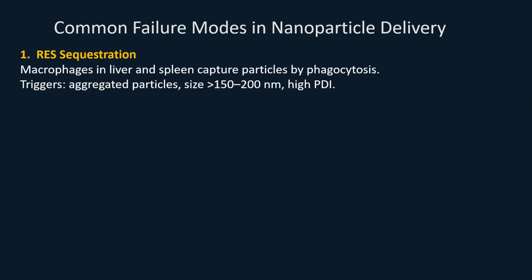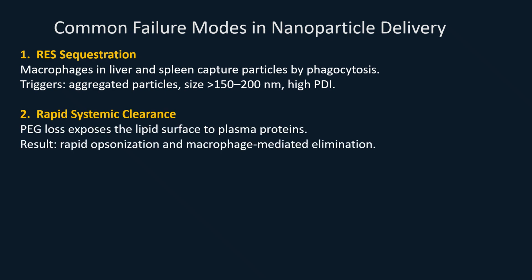This reticuloendothelial system sequestration is the dominant clearance pathway for most nanoparticle formulations. The second is rapid systemic clearance driven by PEG loss.